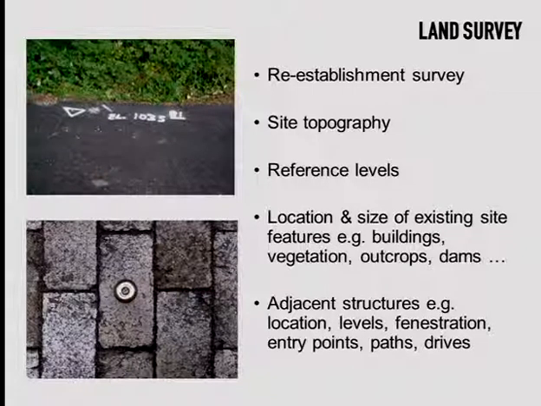And the land survey will give you a plan which will show the relationship between the actual conditions of the site, the boundary conditions, and the legal definition of the title. And they may vary. I'll show you what I mean by that. Now that's called a re-establishment survey.